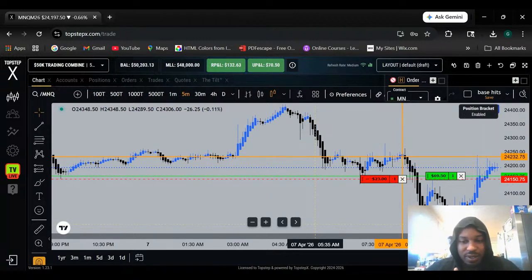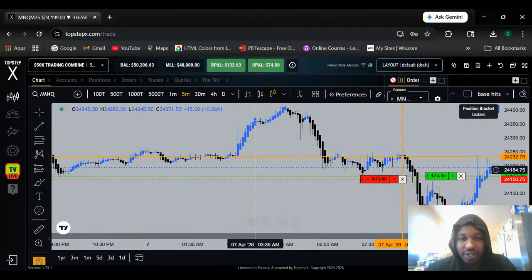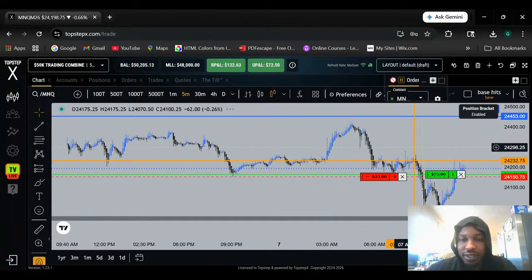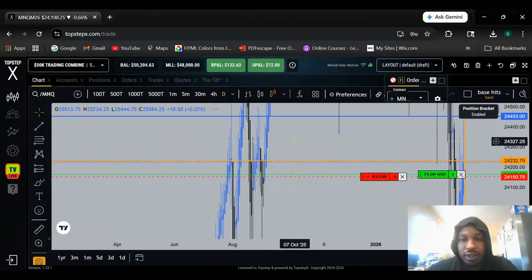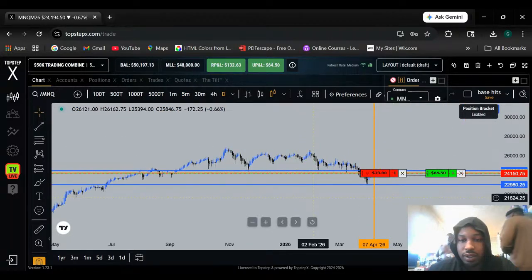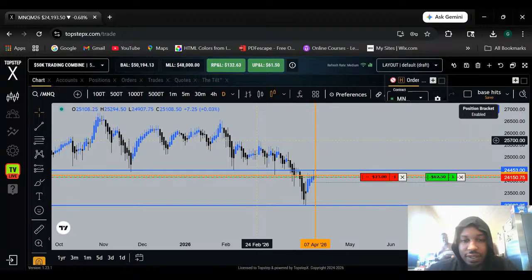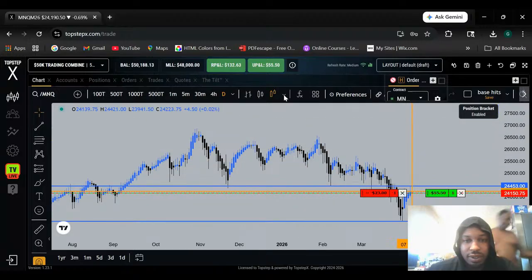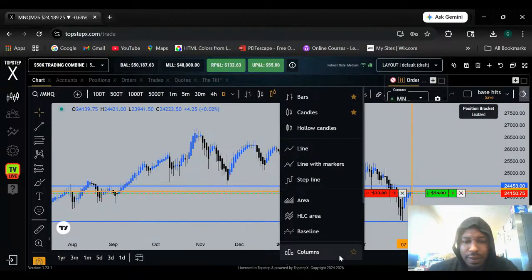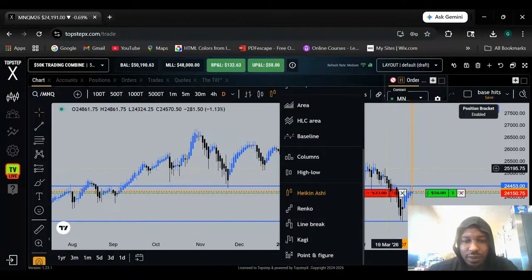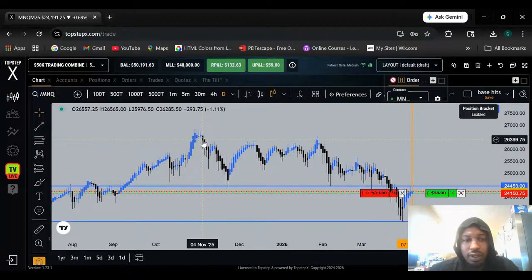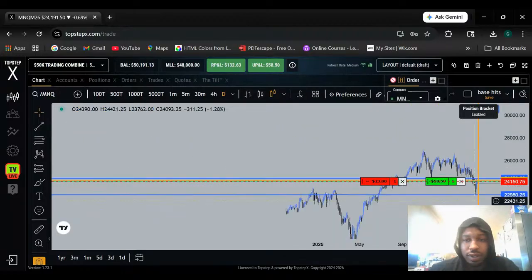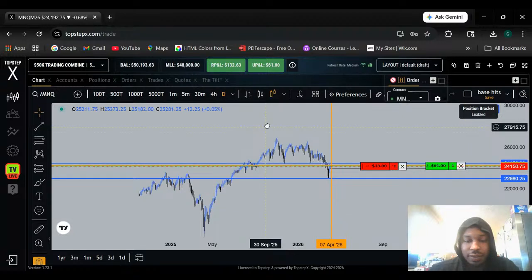So naked charts, channels, and RSI divergences. I'll show you guys one example. So on a daily, and I'm also using Heikin Ashi candles. So this is micro NASDAQ.